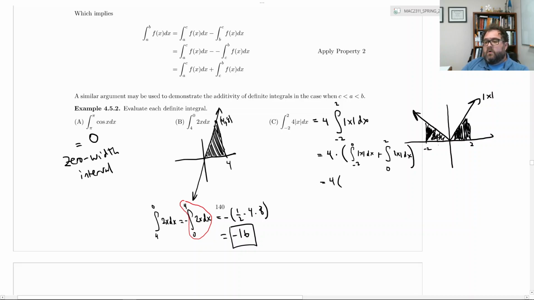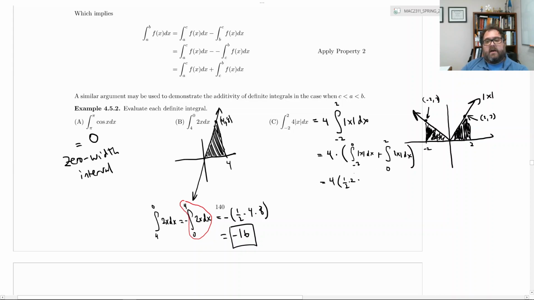So let's see, well, the base is obviously 2, so you have 1/2 times 2. Now what's the height? Well, what's that point right there? What do you get when you plug in -2 into the absolute value? Well, you get 2. So the height is 2. And the base is 2 for both of those triangles.